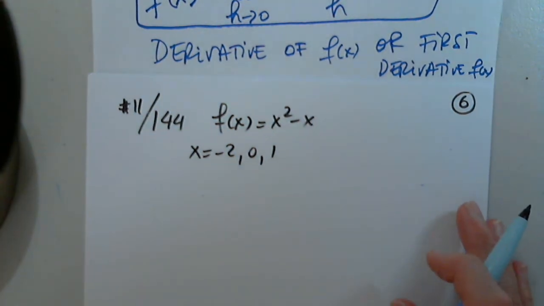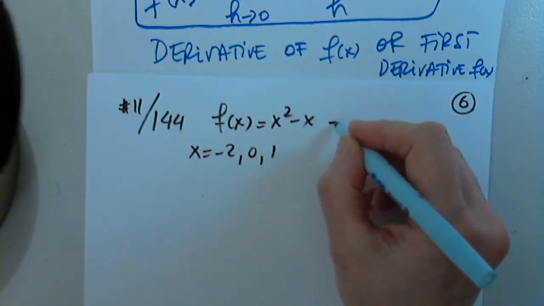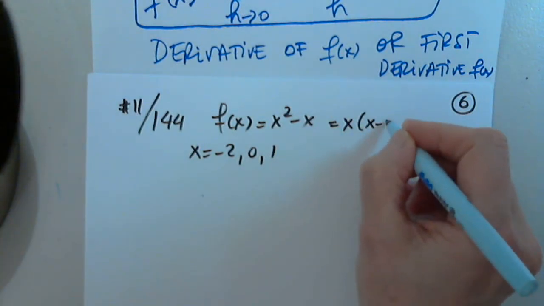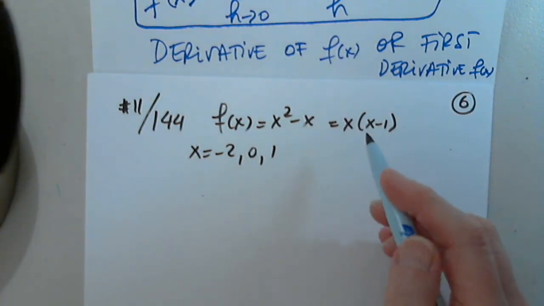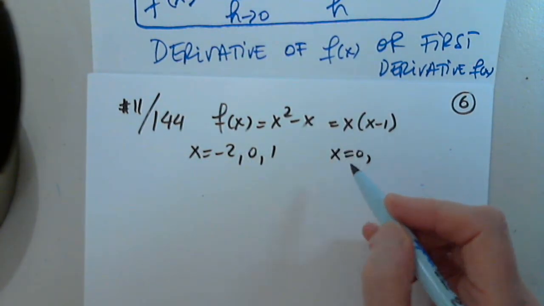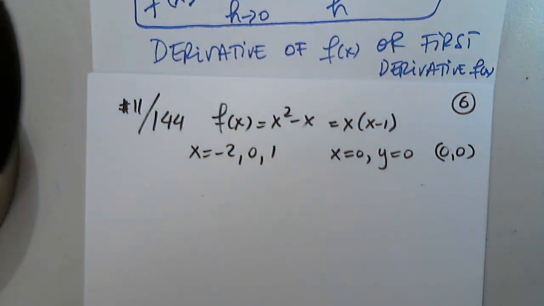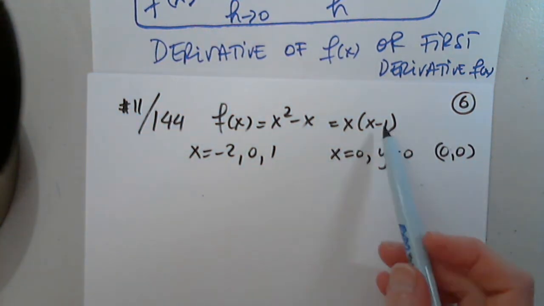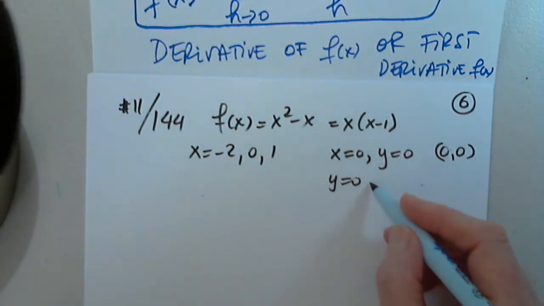What I wanted to refresh your memory on is, first of all, we will factor out x and x minus 1, because we always want to determine the x and y intercepts. So when x is 0, I know y will be 0. So that's one intercept. And when I set y equal to 0, I get either x equals 0 or x equals 1.